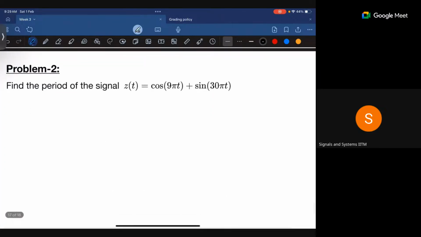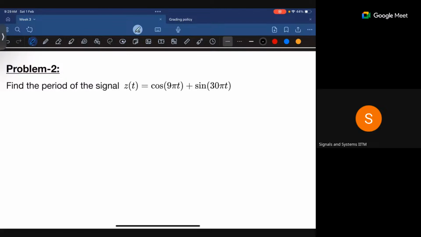Now let's go to problem 2. In problem 2, we have also discussed in the last live session about the period and periodicity. So this problem is on that, and you have a similar question in the graded assignment also.